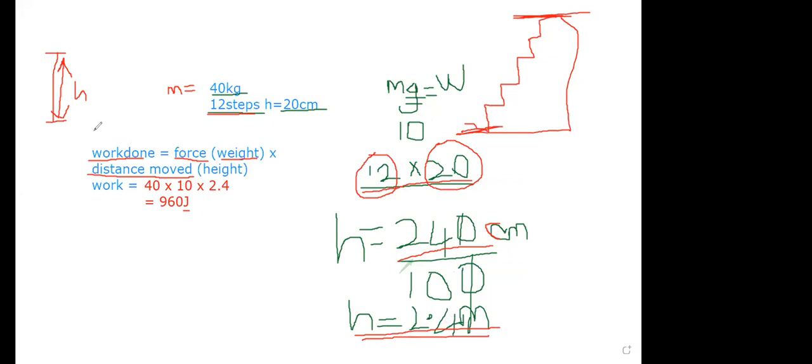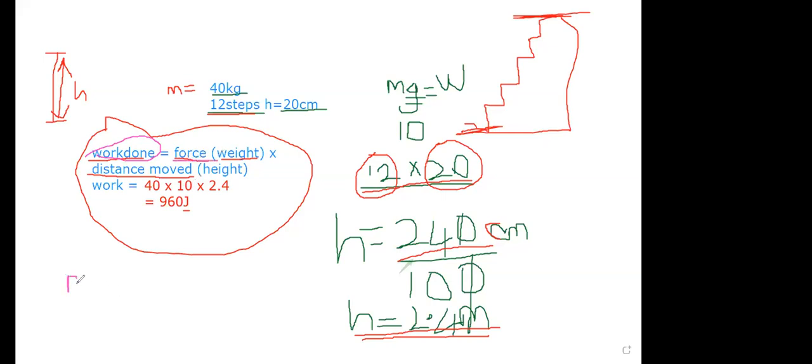So we came back here to our answer, and we said that our work done is the force. And force, I told you, is the same as mass times acceleration due to gravity.